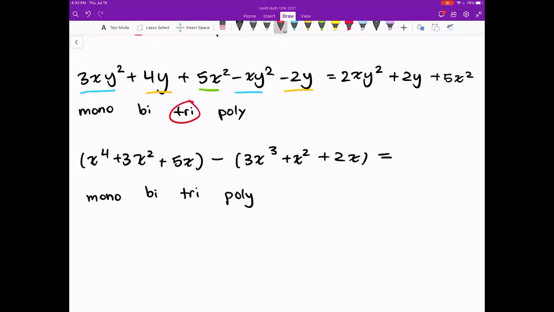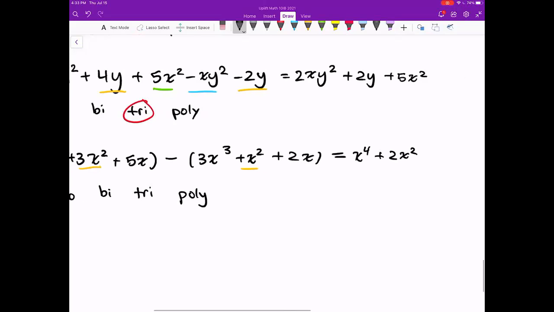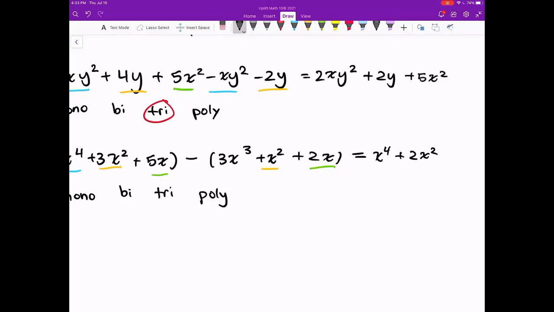So there's actually 4 terms. We realize that x to the power 4 has no pair, so we just put it there. And then we can do 3x squared. And we notice that the polynomial is within brackets with a negative sign in front, so we have to apply that negative sign. So we get 2x squared, and then we check out the 5x, and we see that there's a negative 2x in the back, and that gives us plus 3x.